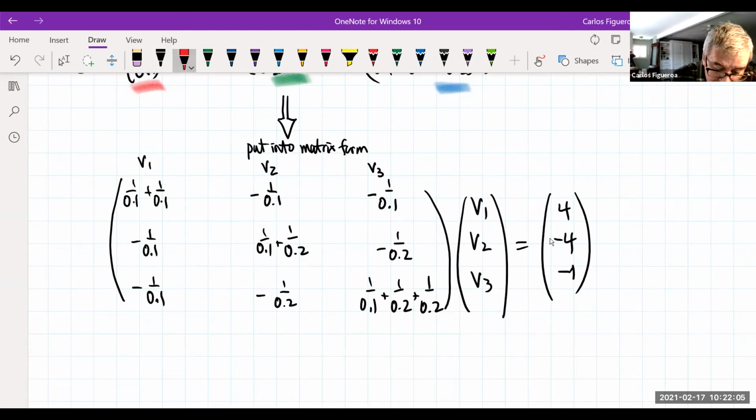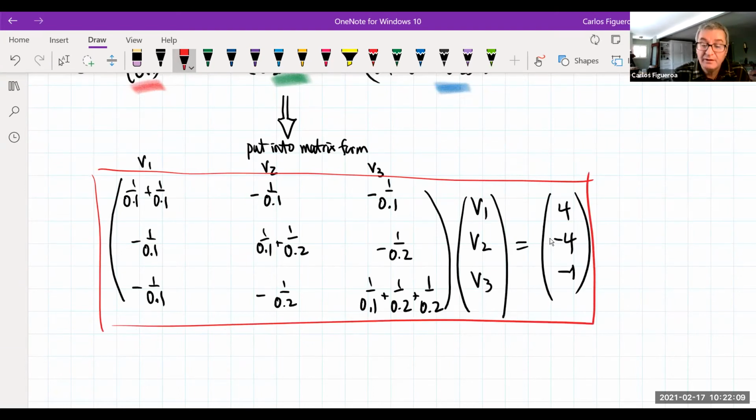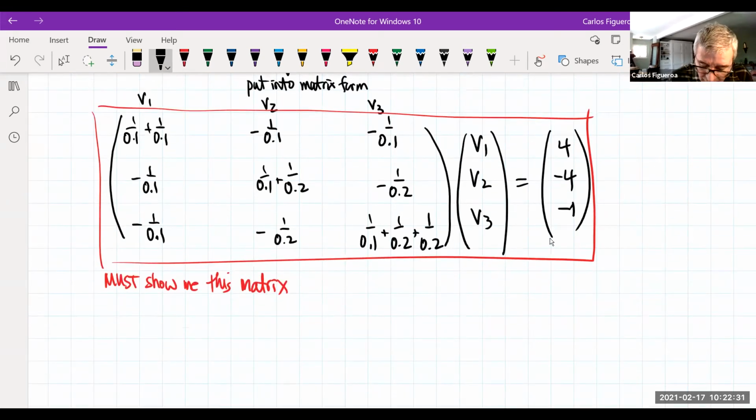This is what you have to show me. So when I say you've got to put it into matrix form, that means you must show me this matrix. And then we have what's called matrix magic.